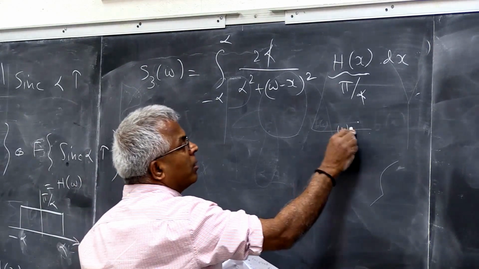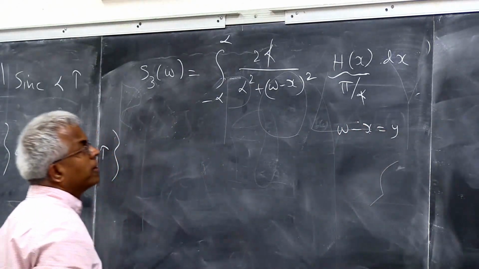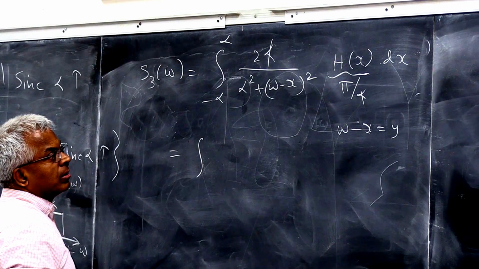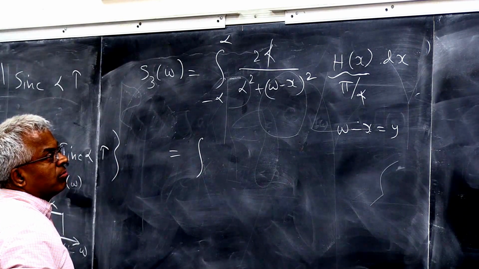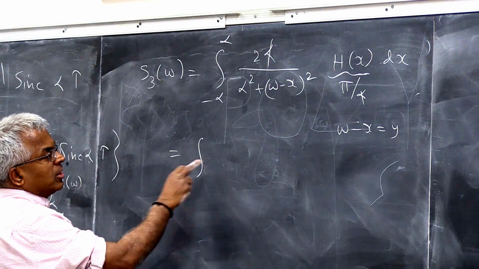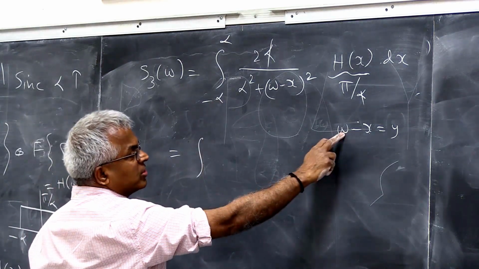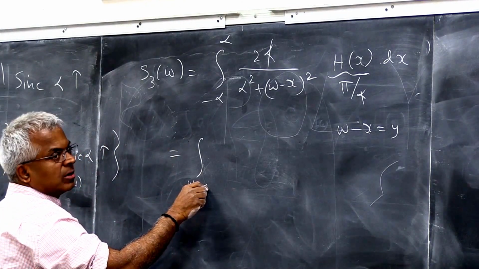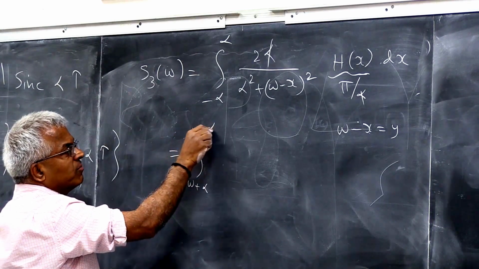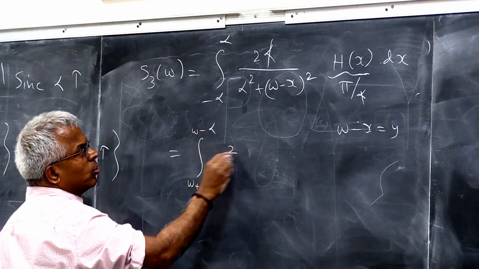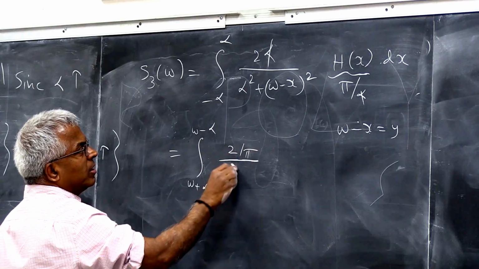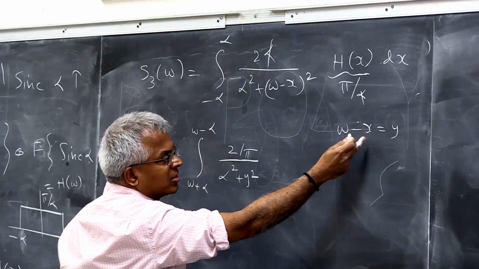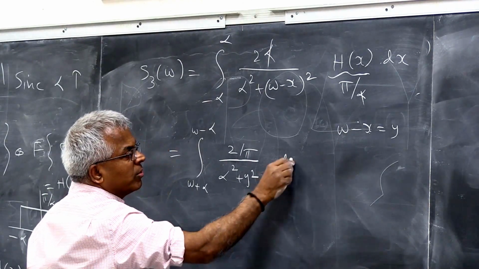And let me put omega minus x to be y. Then you see, when x is minus alpha, this becomes omega plus alpha. So the limits are omega plus alpha, omega minus alpha, and this is 2 over pi, alpha squared plus y squared dy, right? dx is minus dy.